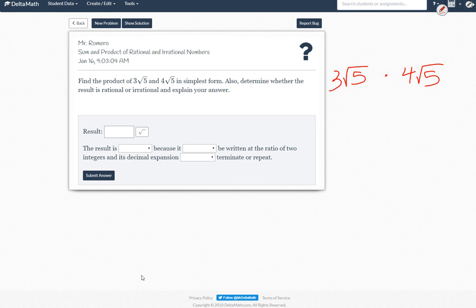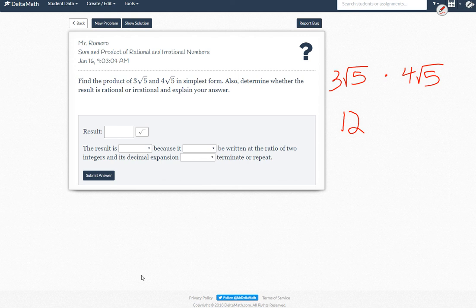And if you look on the outside, what's on the outside? On the outside, we have a 3 and a 4, which multiplies to give 12.